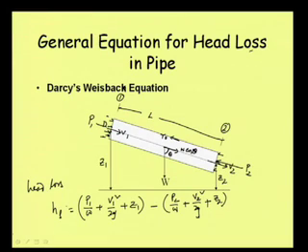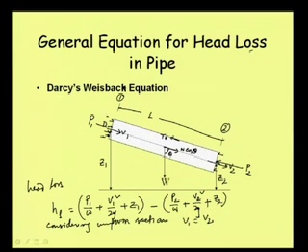Now, considering a uniform section, we have V1 equal to V2, because the discharge is the same.